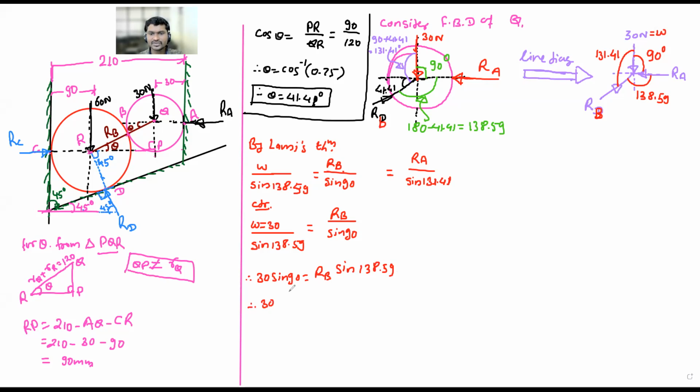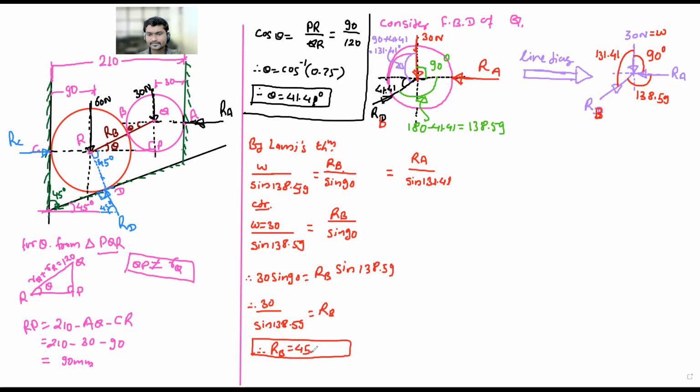Therefore 30 into sine 90 as 1, so 30 divided by sine 138.59 is equal to RB. Therefore reaction RB is equal to 45.36.